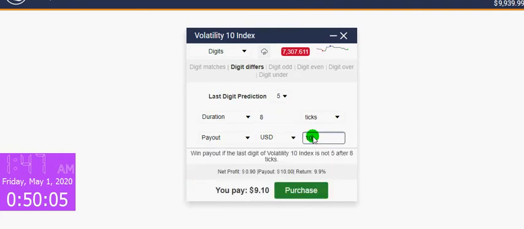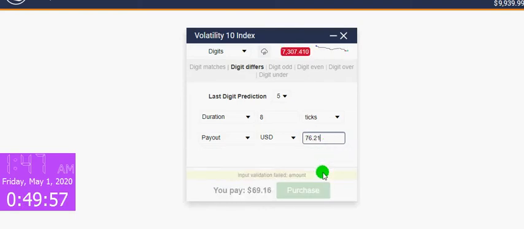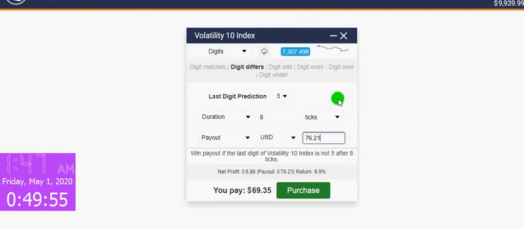Our first trade will be staking higher than the second stake. So we'll be clicking on purchase. When 17 shows up here, anywhere here, we'll be clicking on purchase.